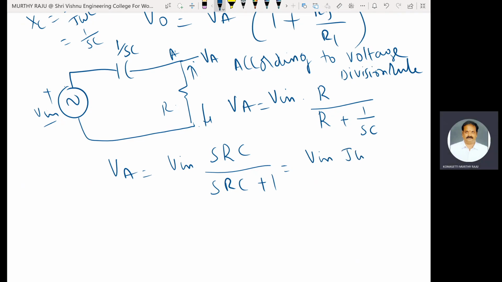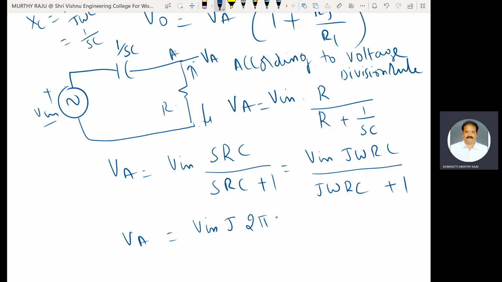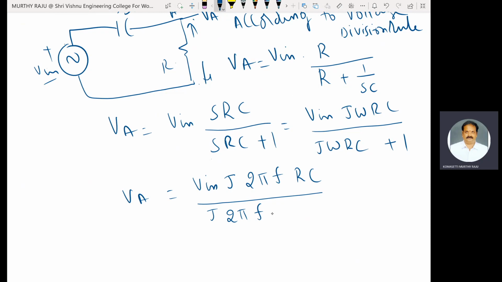So VA is equal to Vin into j omega RC by j omega RC plus 1, that is j 2 pi F RC by j 2 pi F RC plus 1.